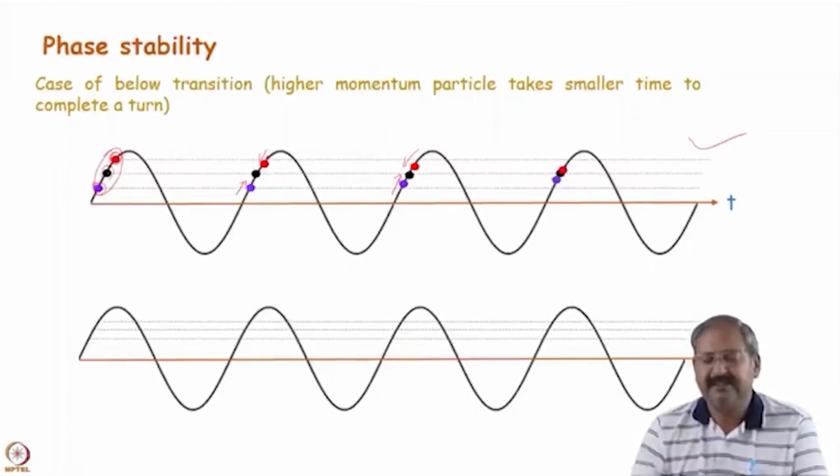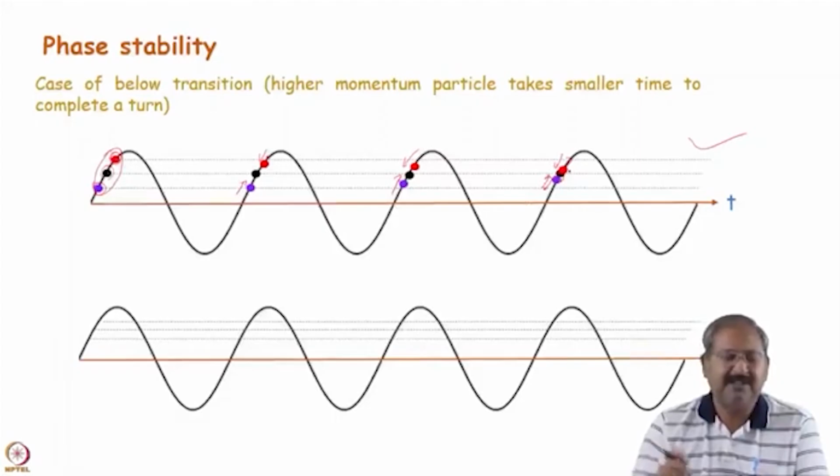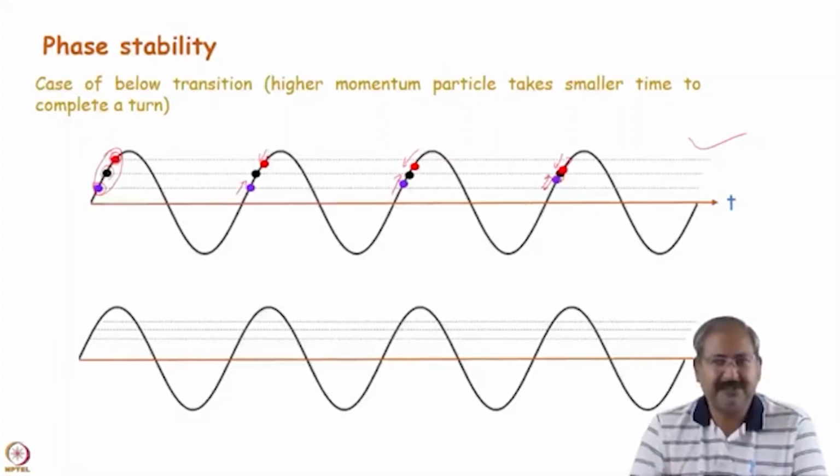In the next turn, this will be even closer, and subsequently the phases will change sign with respect to the synchronous particle. This means the red particle will then have a minus sign with delta phi, and this particle will reach here and this particle will reach here, and then this will be repeated. This means some type of oscillation around the synchronous phase is taking place.